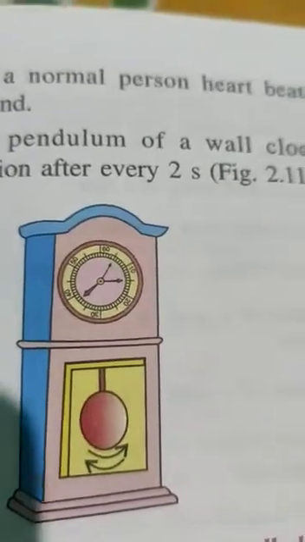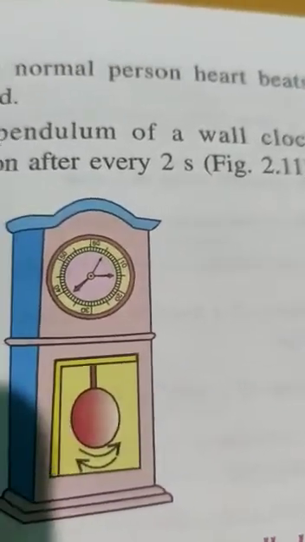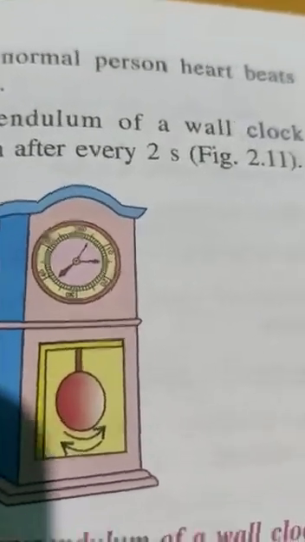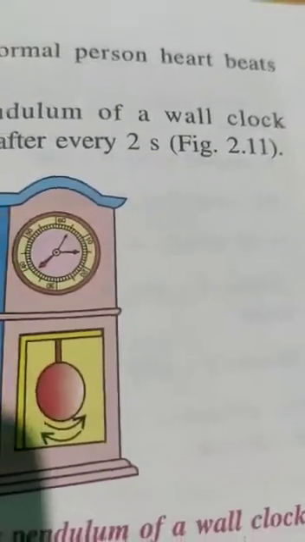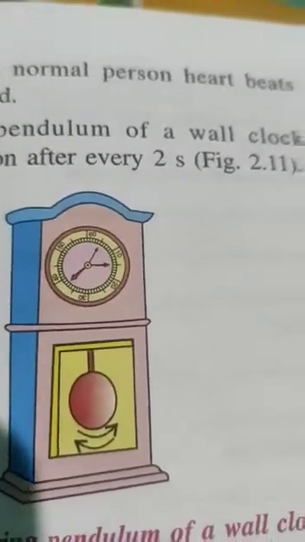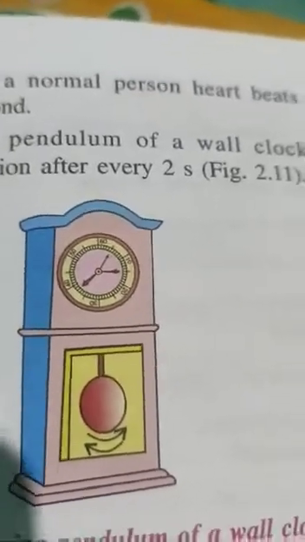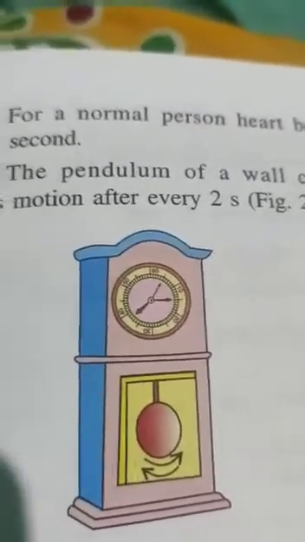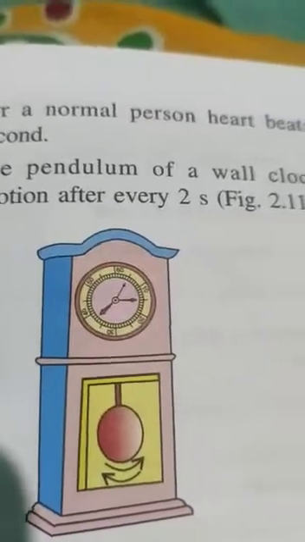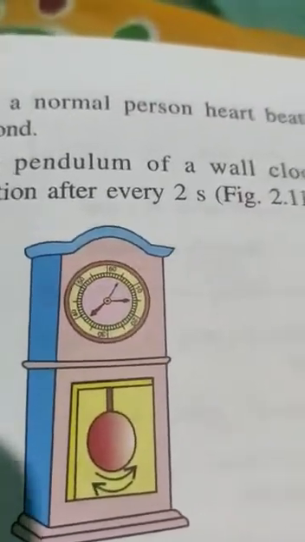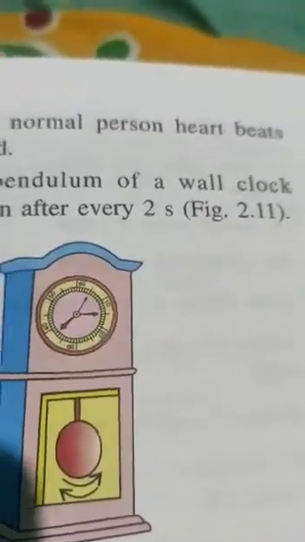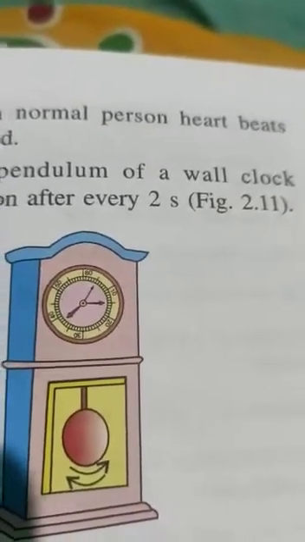The first example you can take: the earth completes one round about the sun in nearly 365 days, right? And this motion is repeated after every 365 days. So this is a periodic motion, a motion which gets repeated after a regular interval of time.